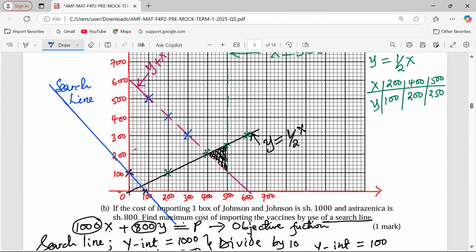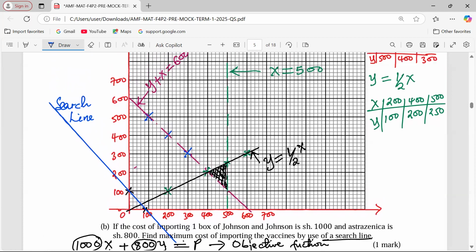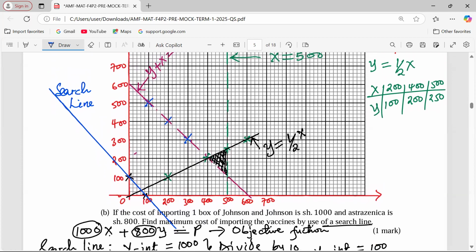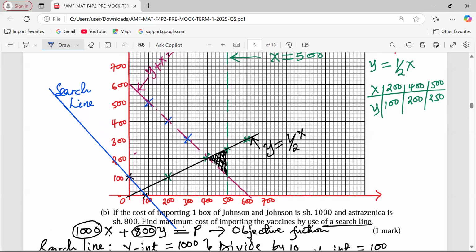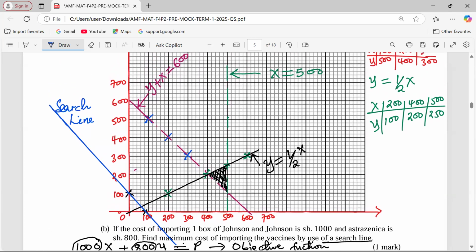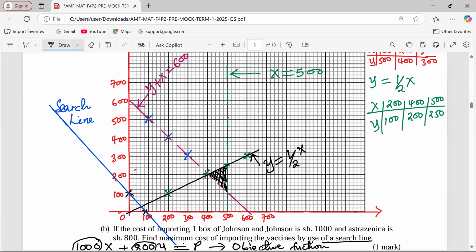Now with the search line, let us talk about how to identify the maximum point. So we are going to slide, using a set square and a straight ruler, the search line into the region. So we'll be sliding it such that the ruler is parallel.